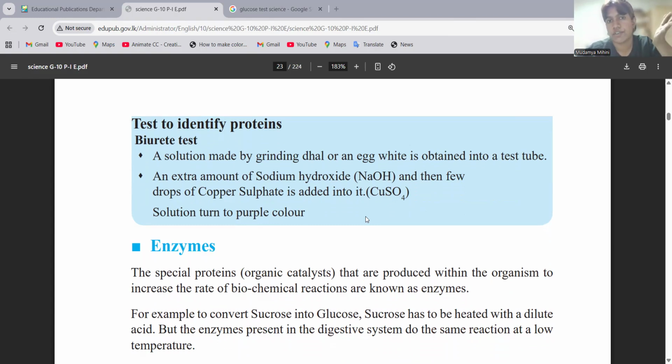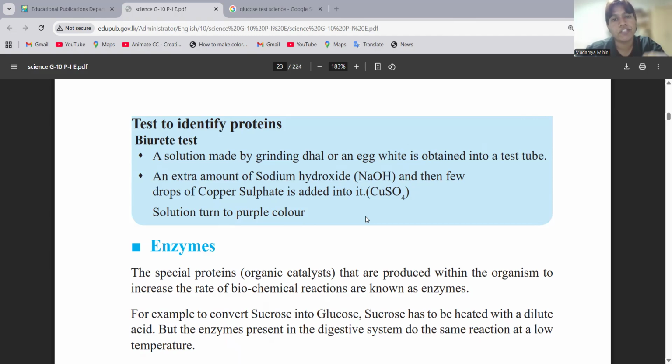So here we can take ground dal or egg white. Oh guys, remember in an egg, the white part is the one that has protein, not the yellow part. I remember teachers were emphasizing this to me when I was in 10th grade. I don't know why, but yeah. So this is obtained from either the white part or the ground dal.